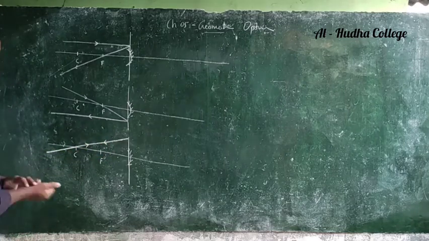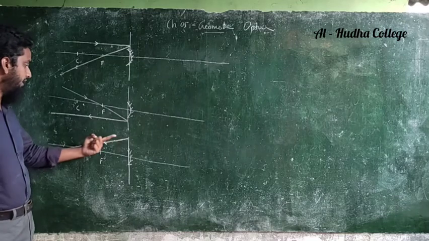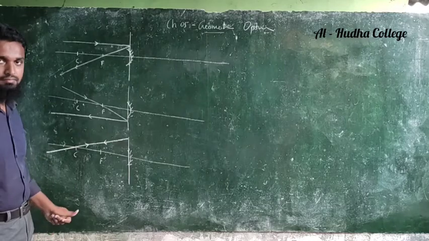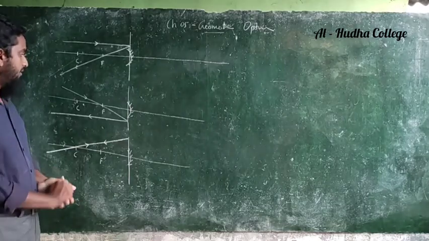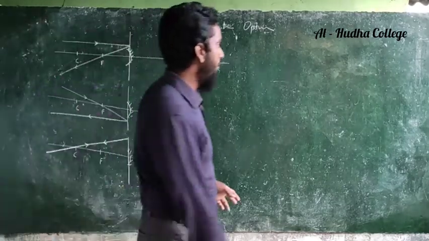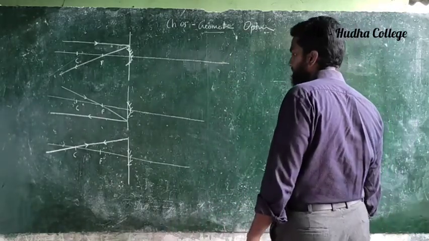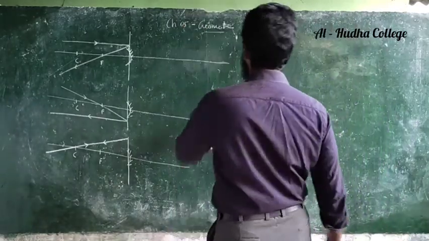The ray which is coming through the center of curvature always returns back along the same line. These are the three basic ray diagrams that you should know when you consider your concave mirror.